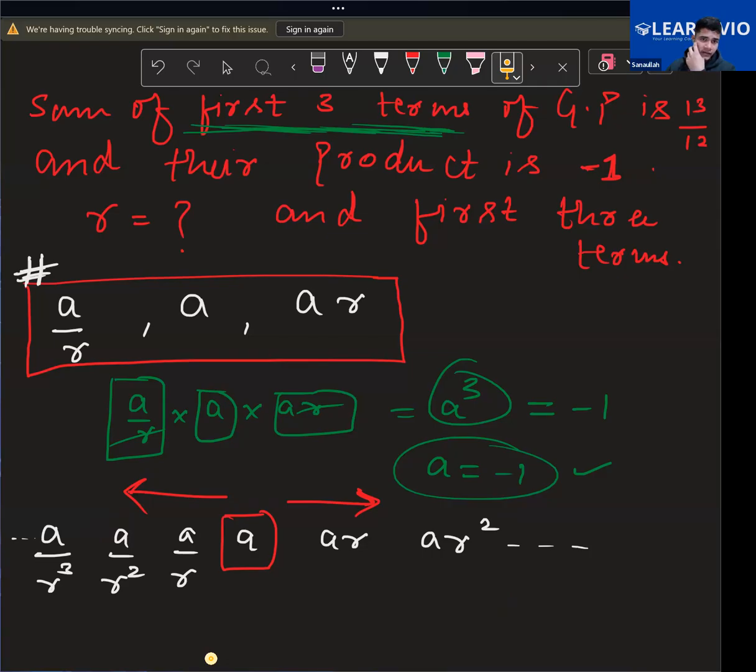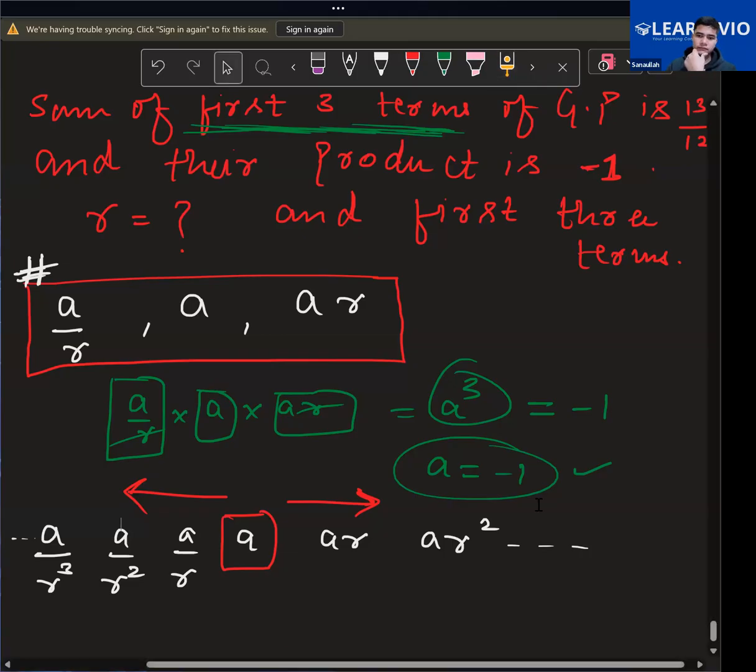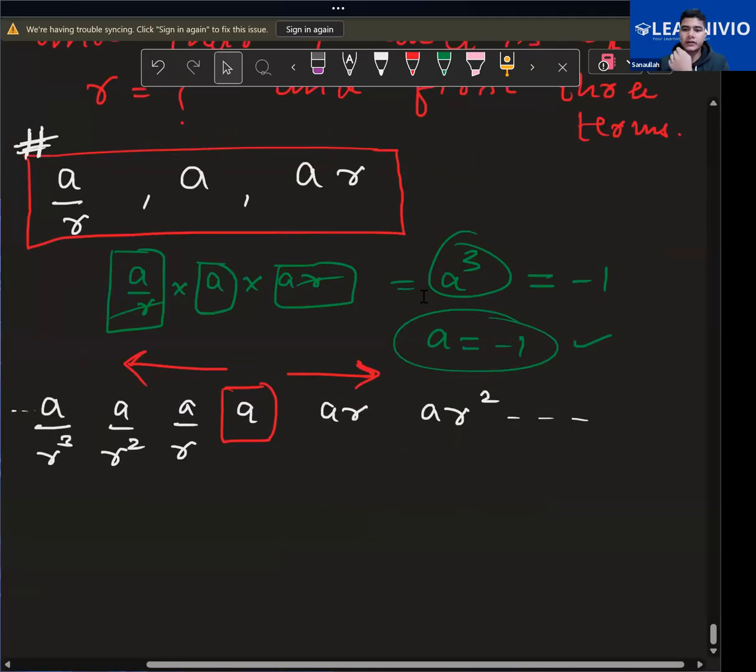From there we can find A, and once we get A, then we can easily find what is needed in that question. So this is clear to you.